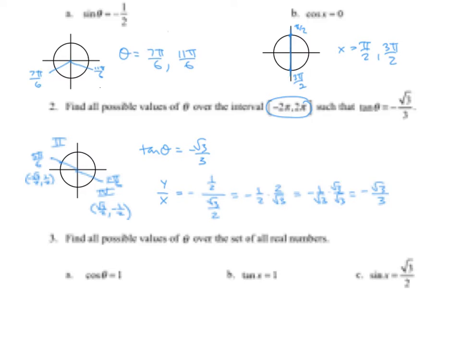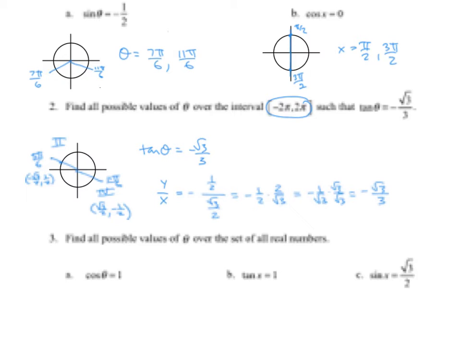In both of those cases, y over x will be negative 1/2 over root 3 over 2. So the places it happens in our normal unit circle from 0 to 2 pi are 5 pi over 6 and 11 pi over 6.